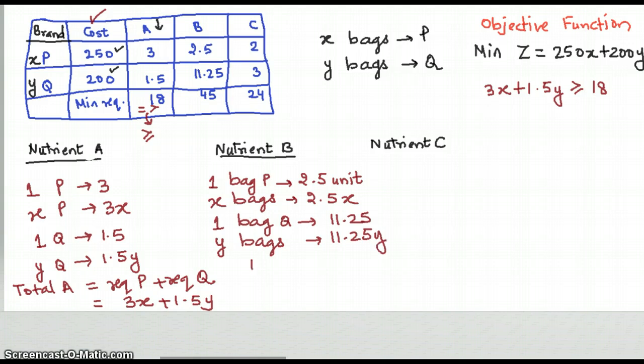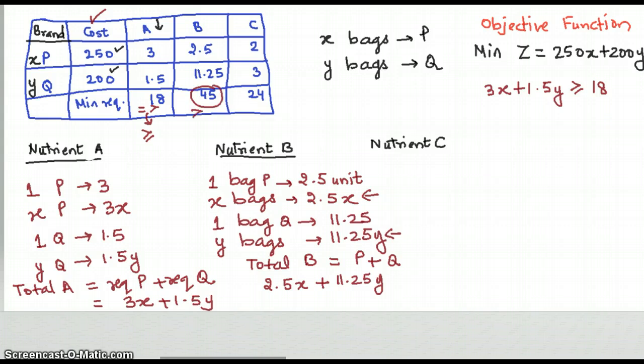So what will be the total requirement for nutrient B? The total requirement in B is the requirement coming from P and from Q. So from P it is 2.5x, plus from Y it is 11.25y. Okay. Now how much is the minimum requirement? 45.